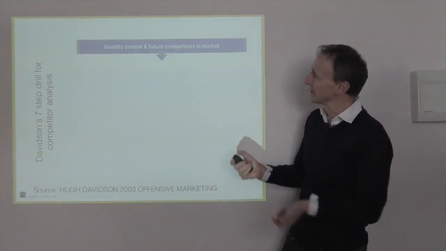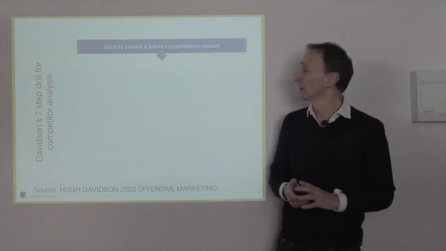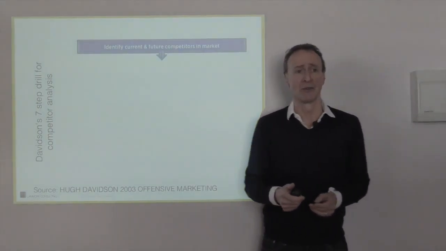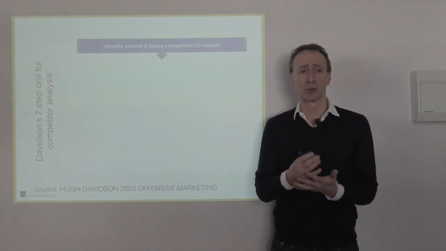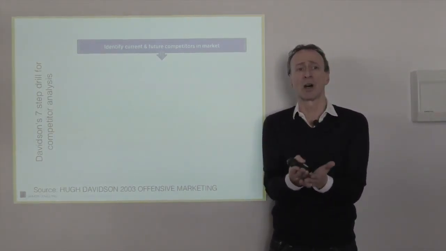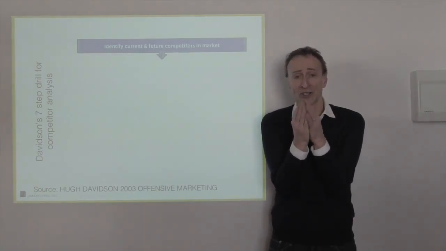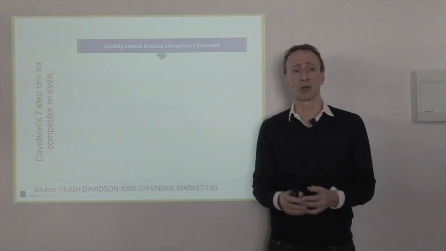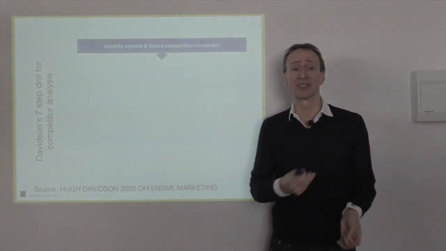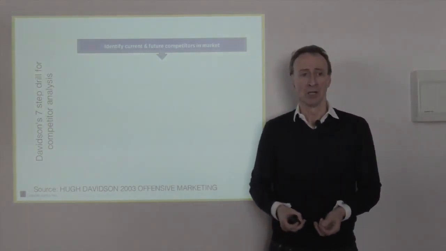First of all, identify current and future competitors in the market. Major competition consists of products or services that the customer regards as a viable alternative. It follows that the product may have different competitors in different segments of the market.